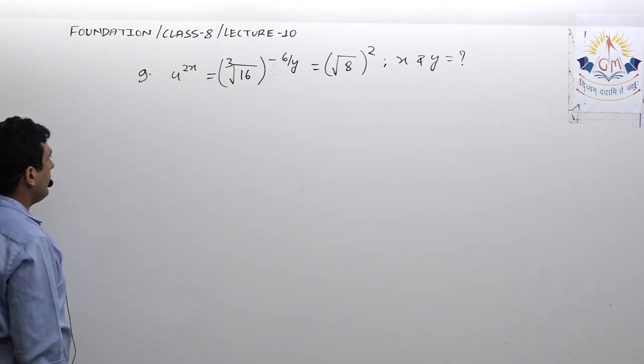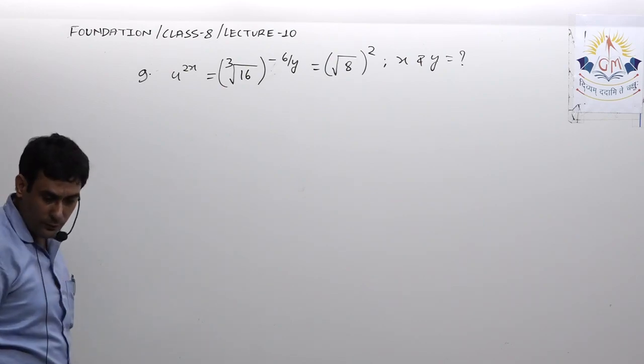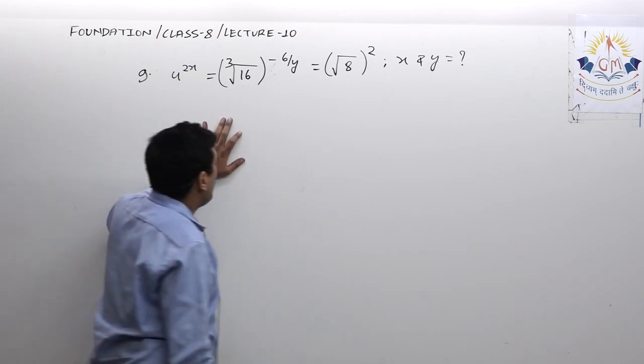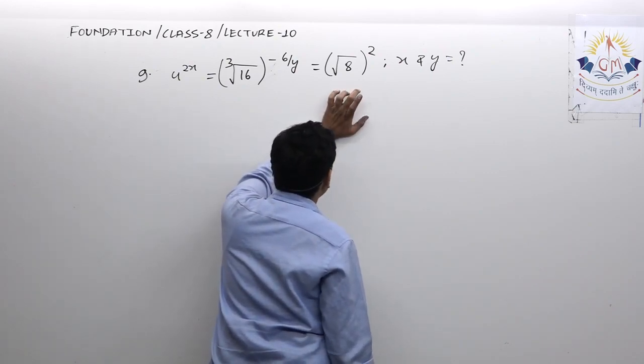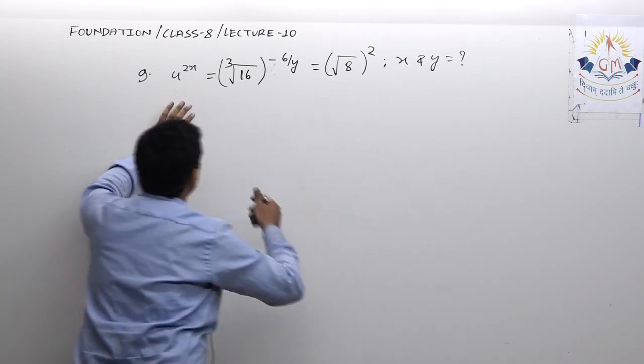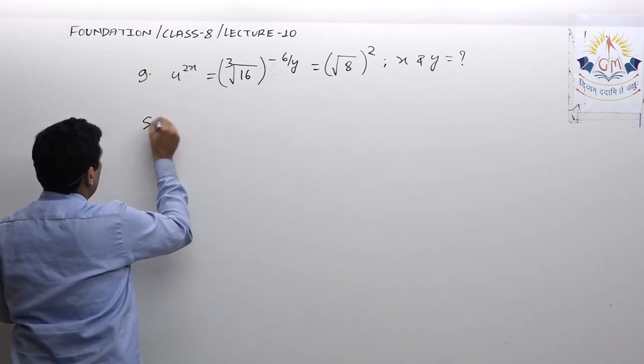4 raised to 2x is equal to cube root of 16 raised to minus 6 upon y is equal to square root of 8. So first I will compare first and last to get the value of one variable. Let us see its solution.